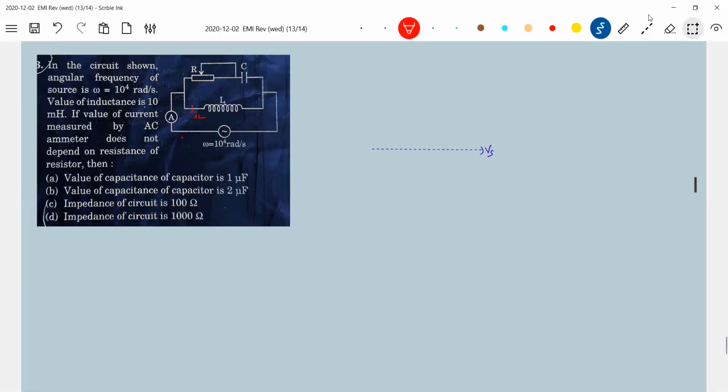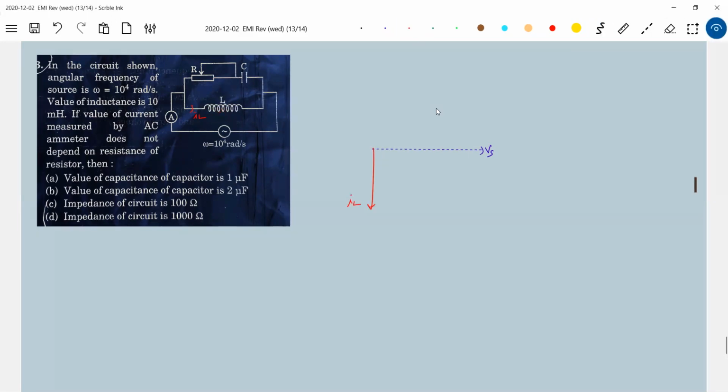Across the inductor, the same, because they are in parallel, current will lead or lag the applied voltage. Very basic things. If you forget, in an inductor the current should lag, no? Lag by 90 degrees. So that is IL.